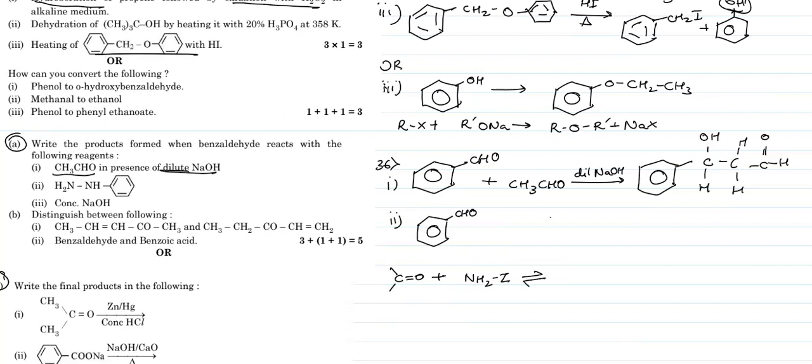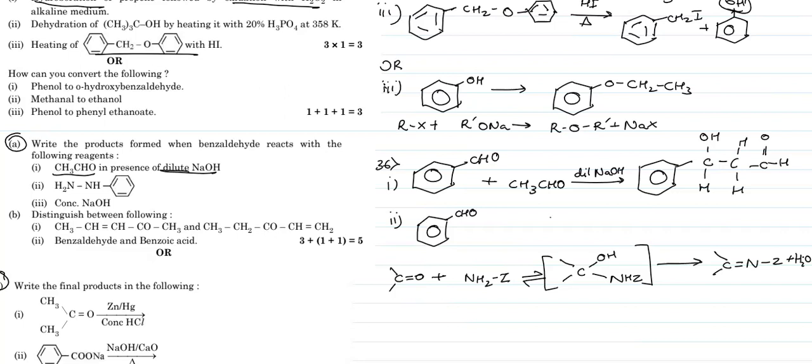Actually, it's an intermediate rather, C with OH on one side and NHZ on the other. And this in turn is going to give us C double bond NZ plus H2O. This is the product formed.